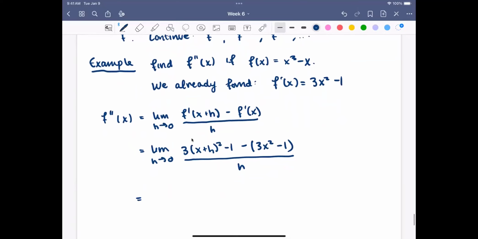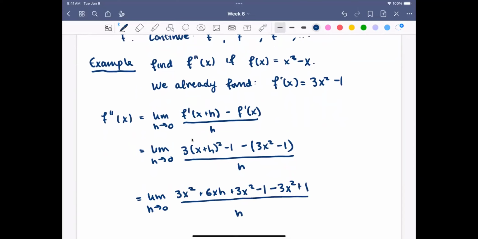And then I'll expand this. So we get the limit as h approaches 0 of 3x squared. And then when I FOIL, I'll get 2xh, but then I'm also multiplying by 3. So I get 6xh plus 3h squared, plus 3x squared minus 1 minus 3x squared plus 1, divided by h. Okay, and then, oops, I made a mistake.